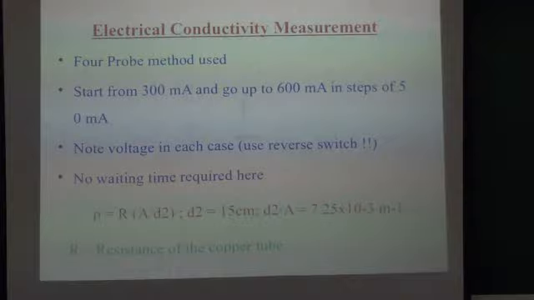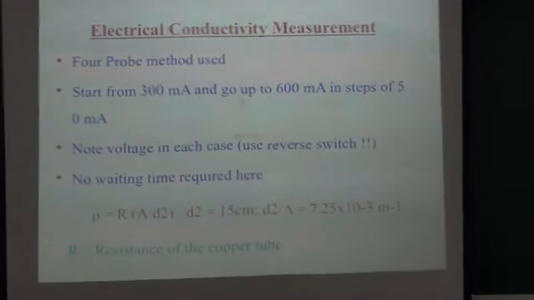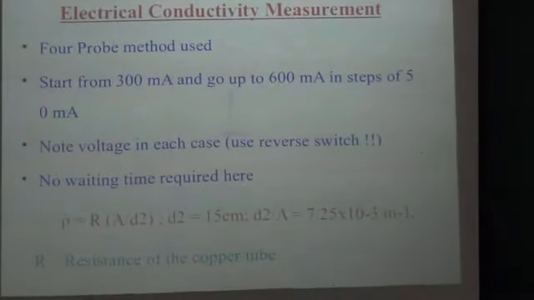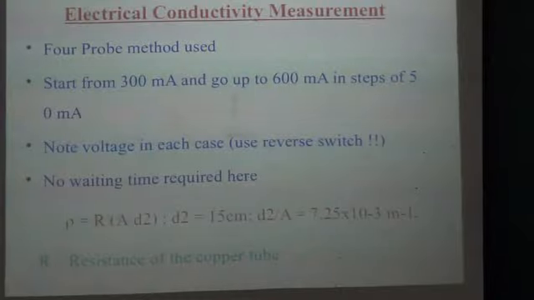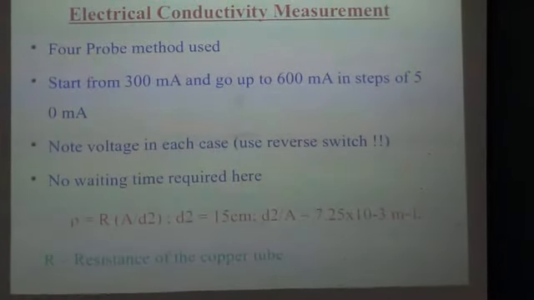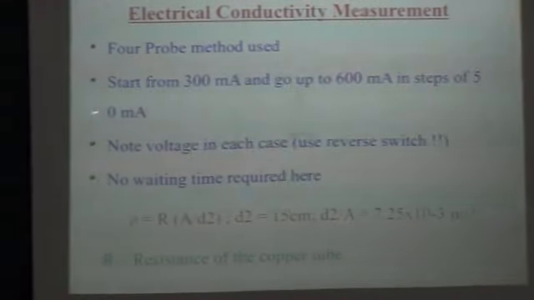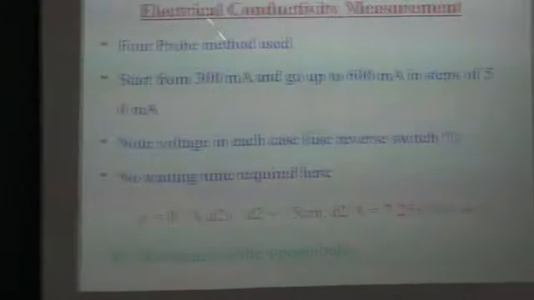Now we move to the electrical conductivity. For electrical conductivity, the 4-probe method is used. In this arrangement, you have the current leads here, and in between you measure the voltage. You start the current here; there is no upper limit.